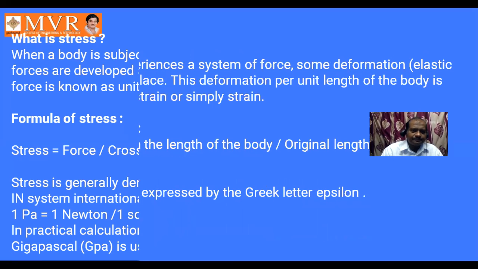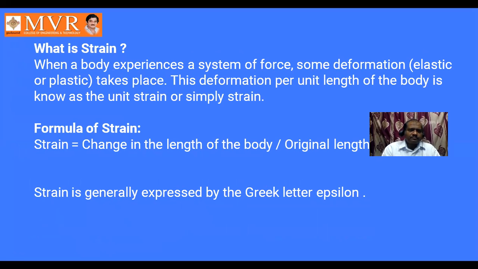Next one is strain. When a body experiences a system of forces, some deformation, elastic or plastic, takes place. This deformation per unit length of the body is known as the unit strain, or simply strain. What is strain? Strain is equal to change in length by original length.